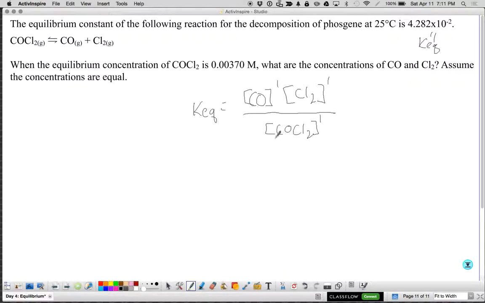Now I'm asking for the concentrations of these, and I'm assuming the concentrations are equal, meaning I could put this in as a variable. I could say the concentration of CO is x, and the concentration of Cl2 is also x. Lovely. Now I have one unknown, which is x, even though it stands for two different things, but I have the rest of the information that I need.